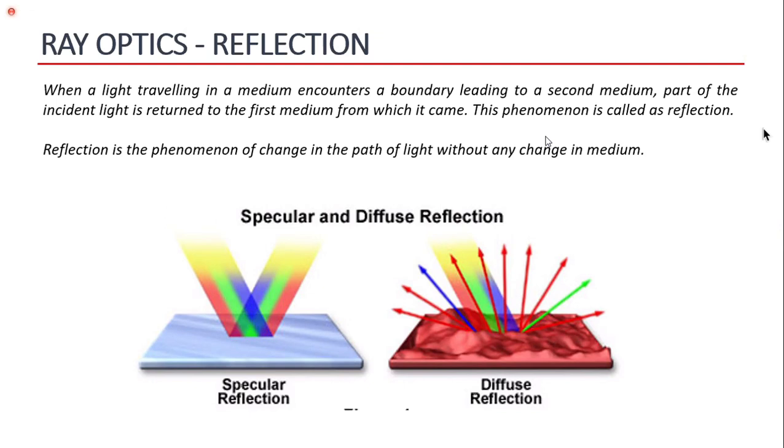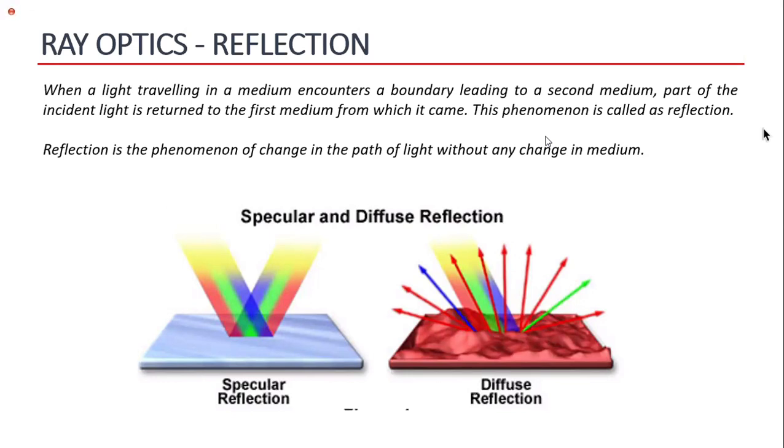Now, if you look at my face, you can see a green dispersion on my specs, isn't it? That is because of reflection. So, whenever light travels in a medium and after reflection again comes back to the same medium, then that phenomenon is called reflection.